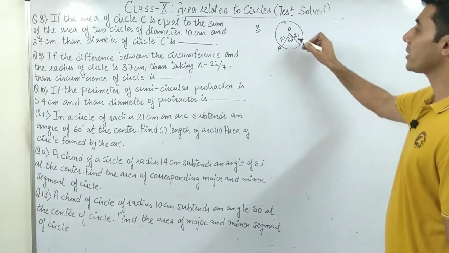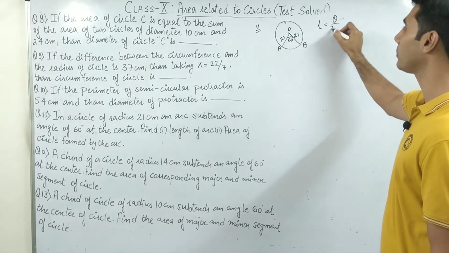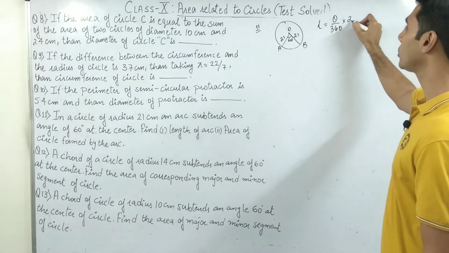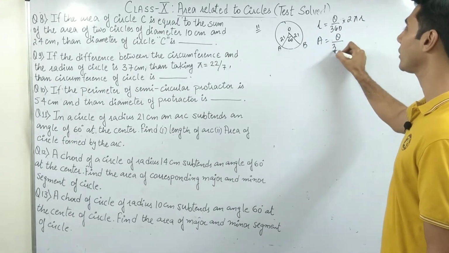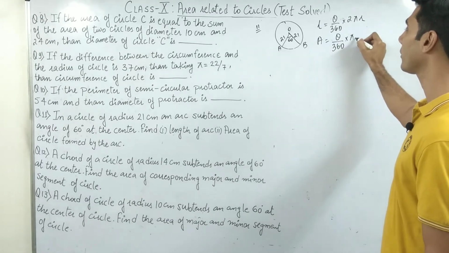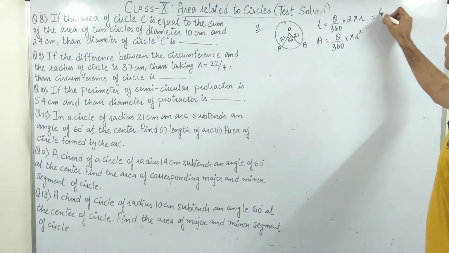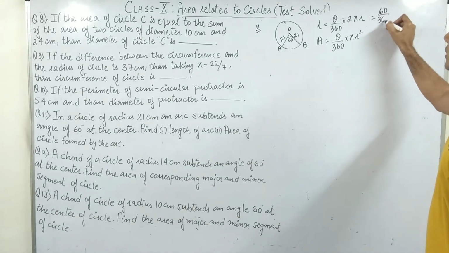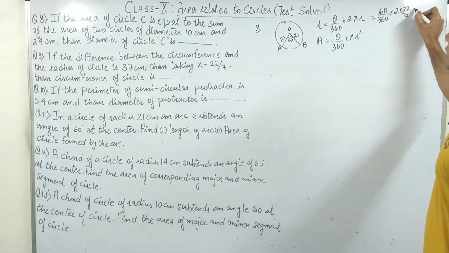Find the length of the arc and the area of the circle formed by the arc. Okay, so guys, we have to find the length of the arc, so what is the formula for the length of the arc? That is theta upon 360 into 2 pi r. And what is the formula for area? That is theta upon 360 into pi r square. So how much will this be? Theta is what? 60. So it should be 60 upon 360 into 2 into 22 by 7 into r. What is r?